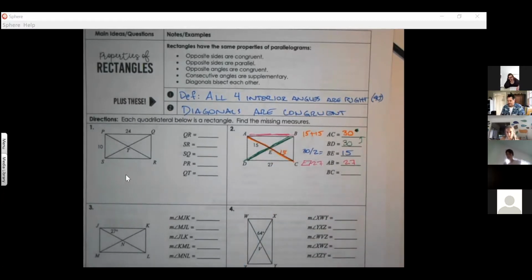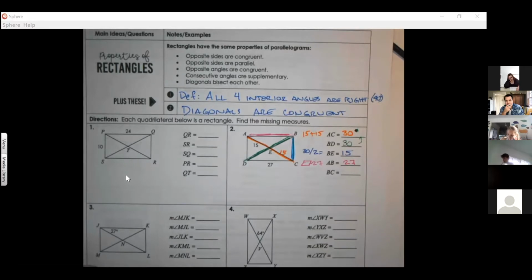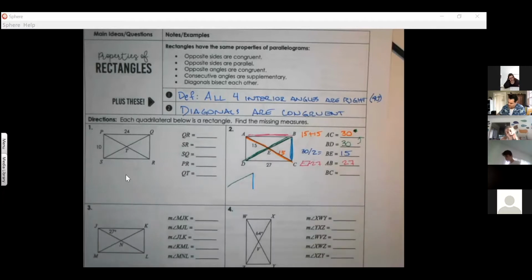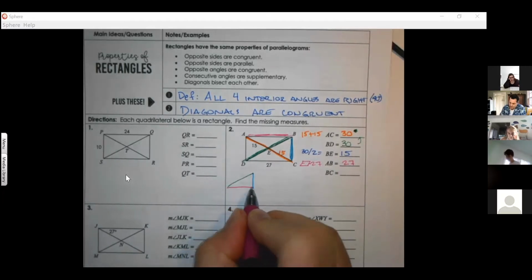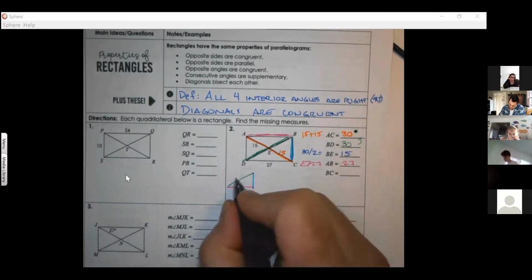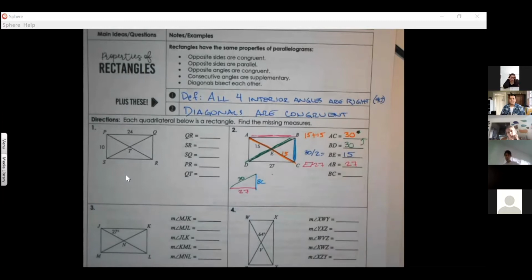The last one, this one's a little harder. What about BC? There's one more element to being a rectangle that we haven't leveraged yet today.